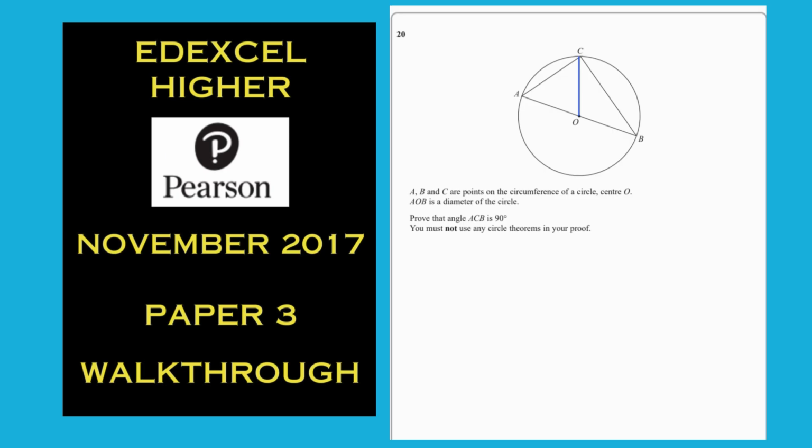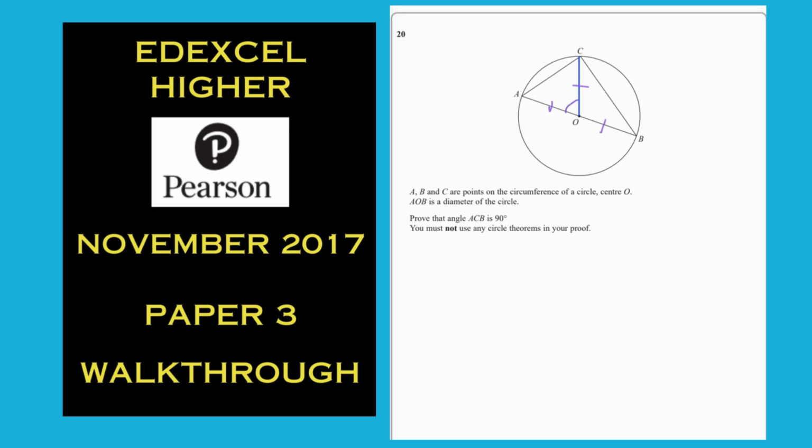So I am going to say that AO, OC, OB, they're all equal. They have to be equal because they are all the radius of the circle. So your first statement is AO equals OC equals OB because the radii.